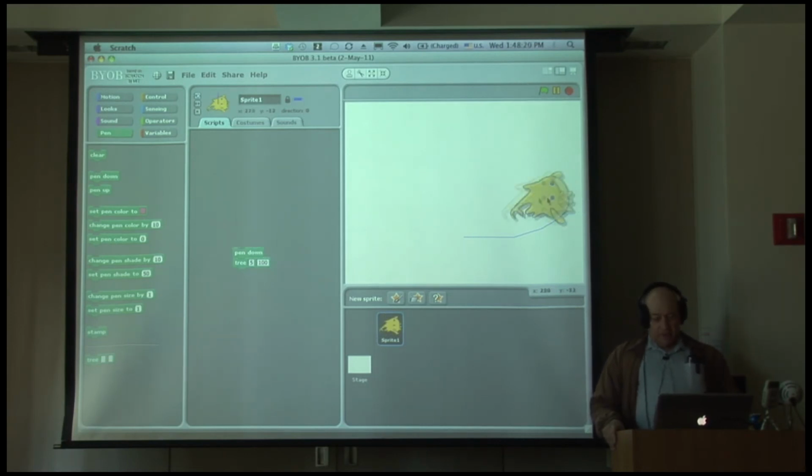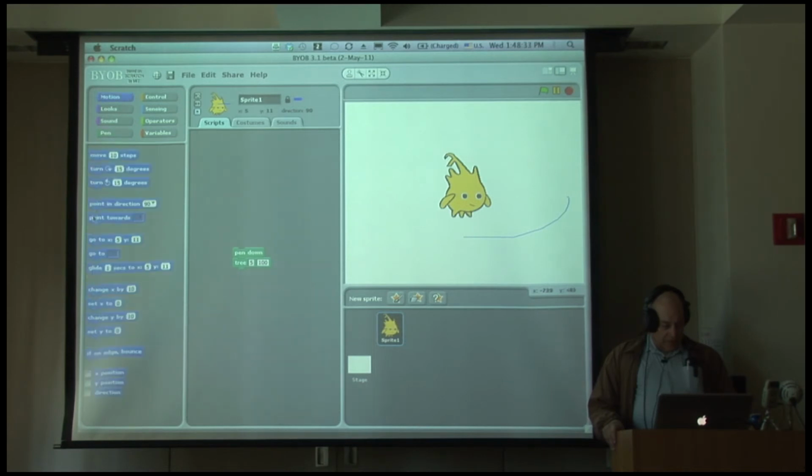There's actually 2 bugs, one of which is I don't want to be pointing to the right when I do it. I want to be pointing up. So when I call tree, I should start by saying point in direction up.